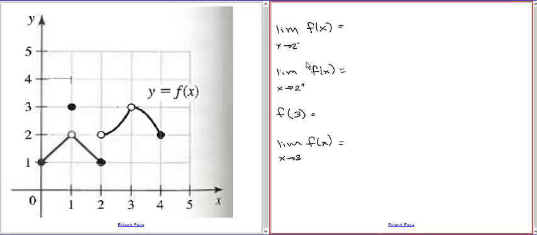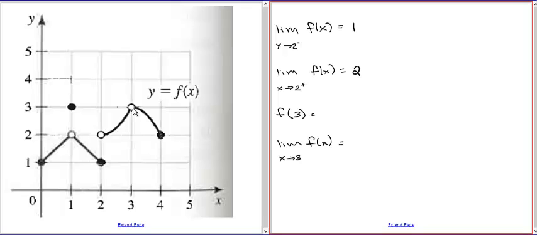Now, as far as the one-sided limits, if we approach x equals 2 from the left side, we're approaching y equals 1. And from the right-hand side, we're approaching y equals 2. And because these two limits are not the same, that's why the limit does not exist there.